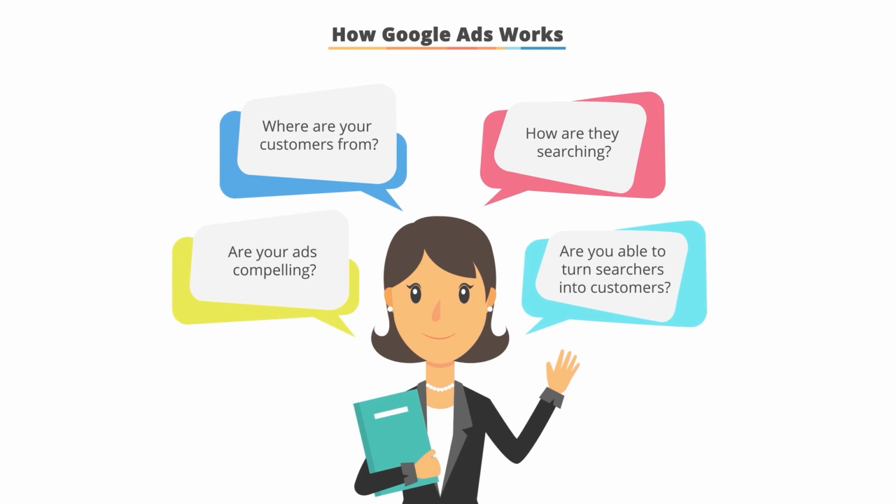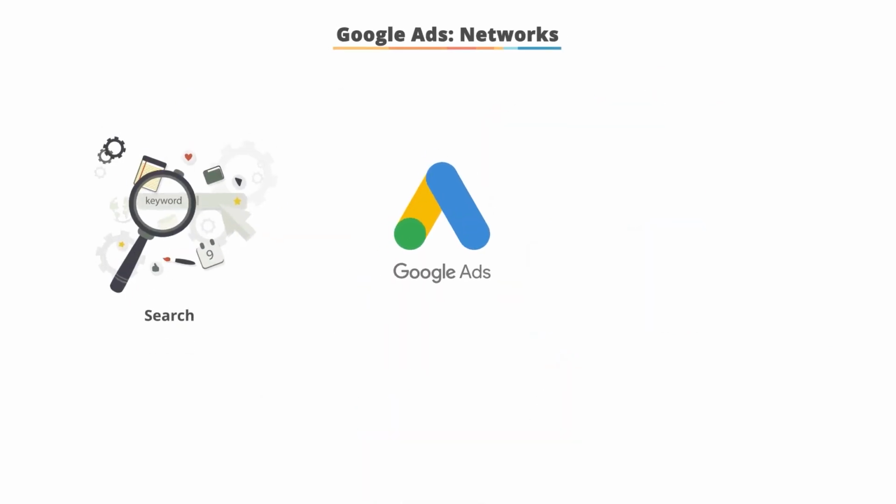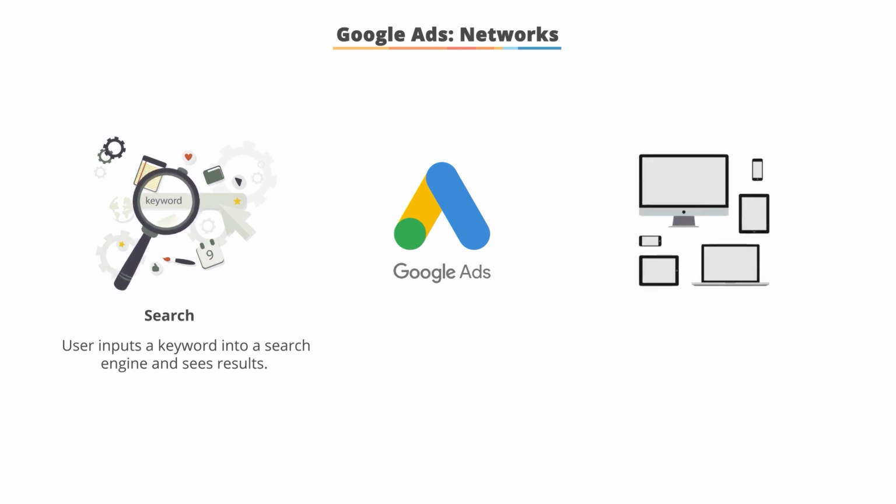Now, the first network is known as search. This is when someone inputs a keyword or a search query into a search engine and then sees results. There's more than 167 billion searches a month. Now, then there's another network that Google also supports, known as the display network. These are non-search places that can show ads.